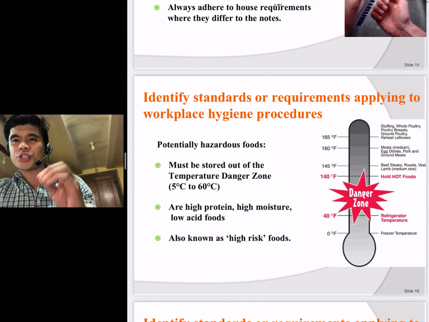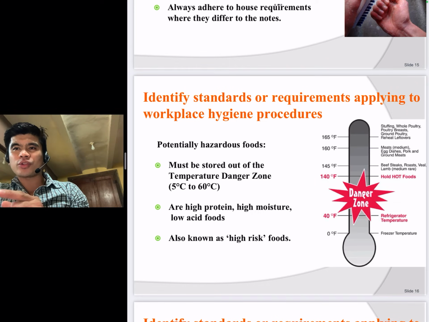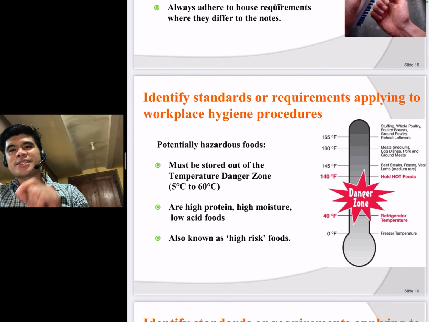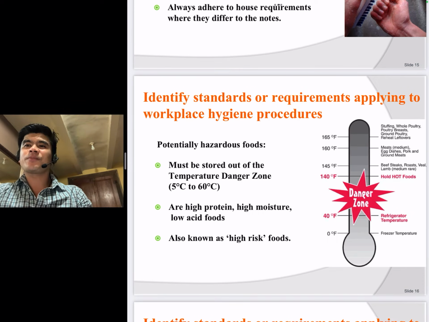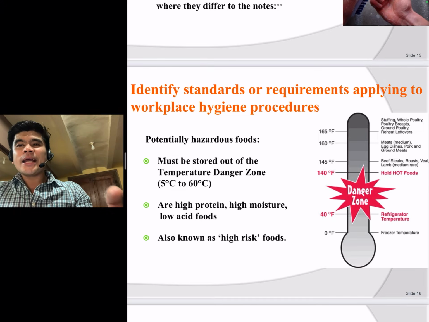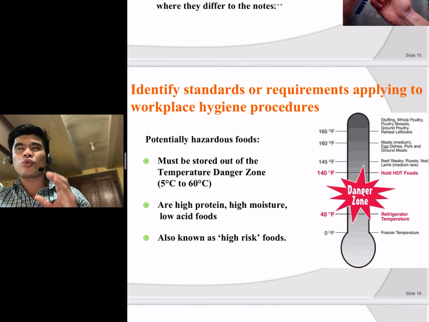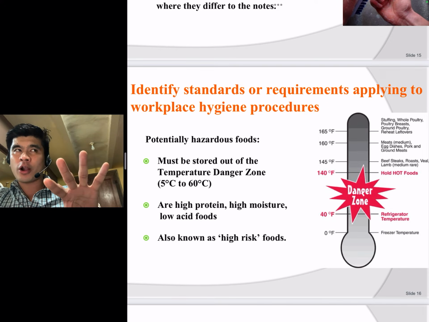Potentially hazardous foods must not be stored in the temperature danger zone of 5 degrees Celsius to 60 degrees Celsius. In the examinations that I'm going to give you, I will be sticking to Fahrenheit, except for the refrigerator.